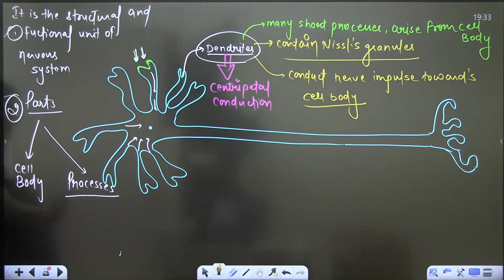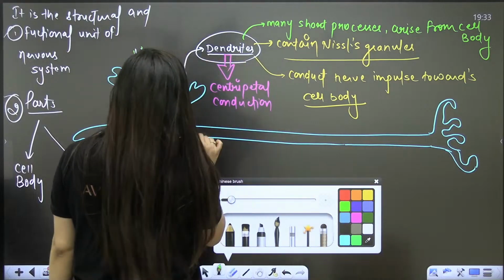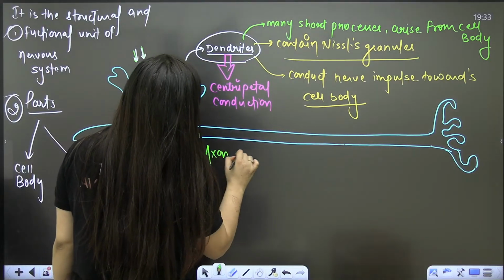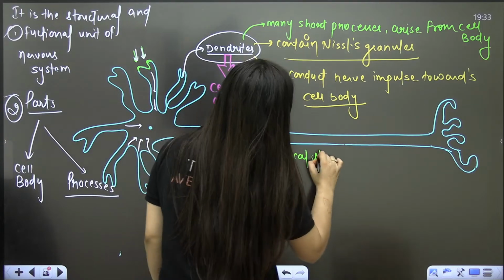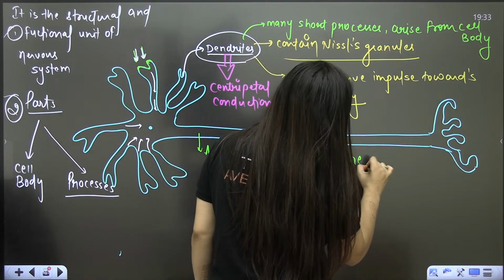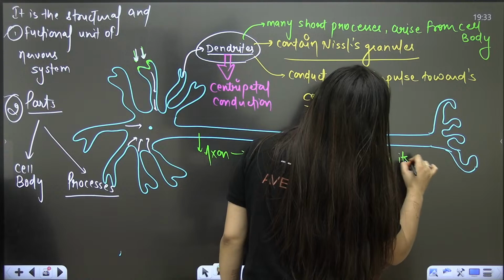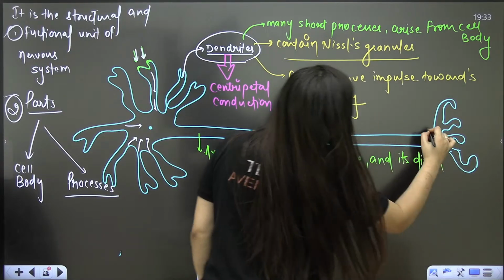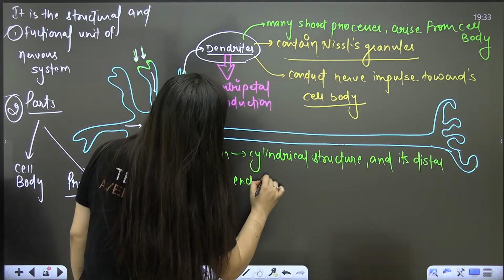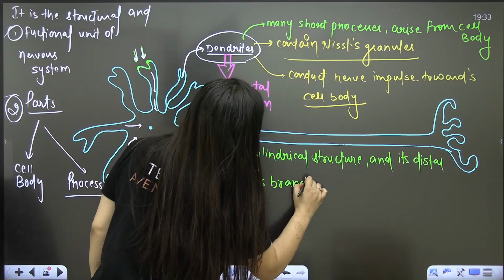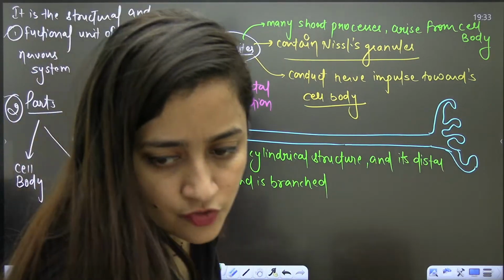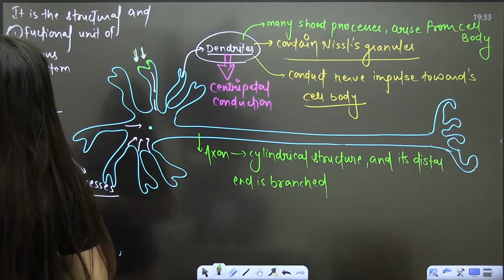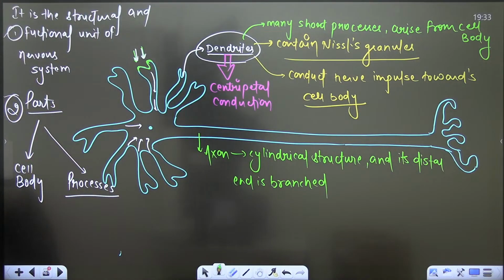Okay, so now this axon is a cylindrical structure, and its distal end is branched. Basically, we are talking about the axon. It is a cylindrical structure, and its distal end is branched.